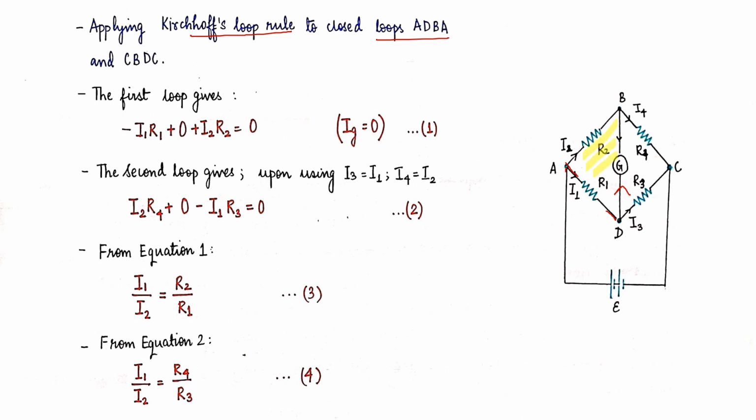First of all, we are trying to apply Kirchhoff's rule here. Then we will apply Kirchhoff's rule over this. When we are applying it to the first loop, we get I1 R1 plus 0, because no current flows through the galvanometer, Ig equals 0, plus I2 R2, which gives a value equal to 0.